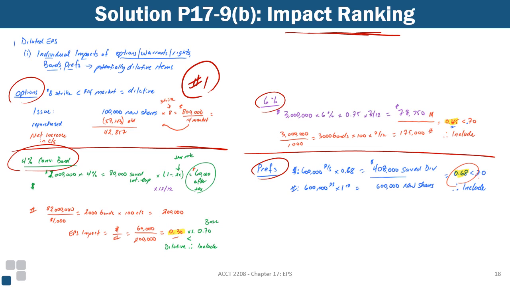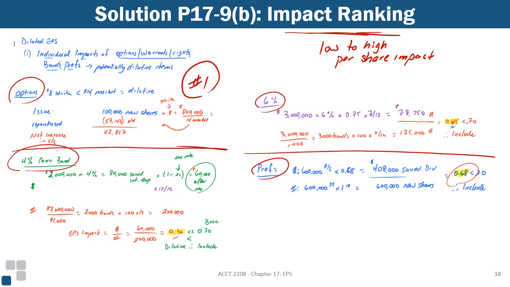And we rank from lowest to highest per share impact. So I look at these and I go, hey, the 4% bonds are 30 cents, the 6% are 45, and the preferred shares are 68.